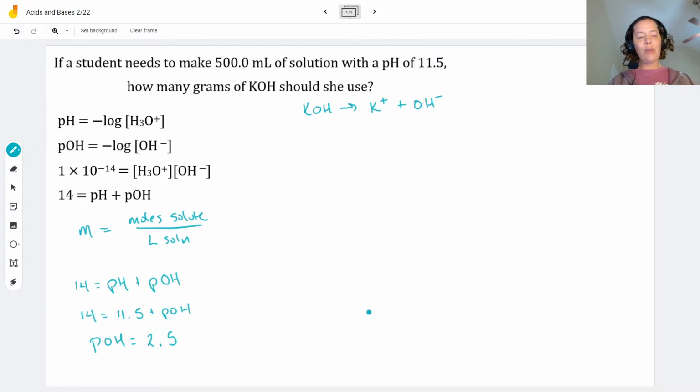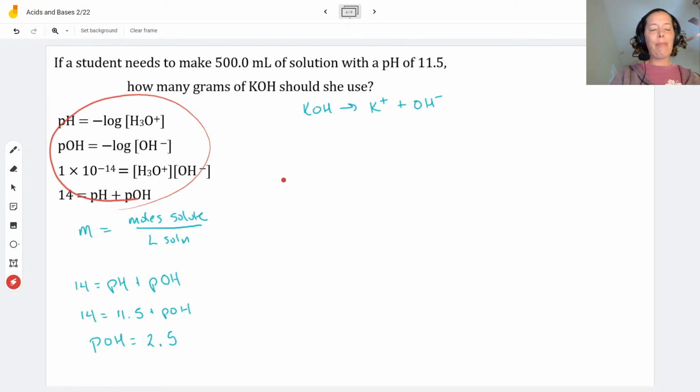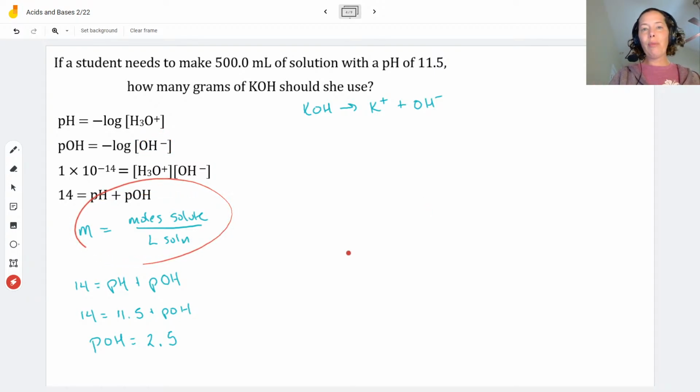All right, that's great. So now I have my pOH. So if I go back to my bank of equations here, what if I were to plug pOH in here? I could get concentration. Well, maybe this concentration problem here is less about moles and liters, but finding concentration in liters.